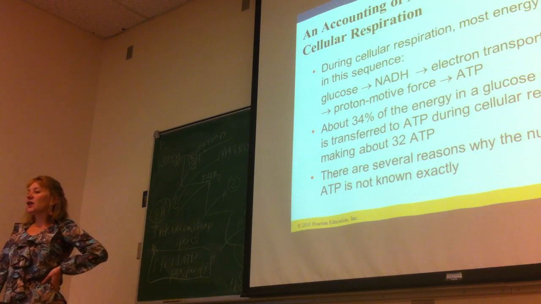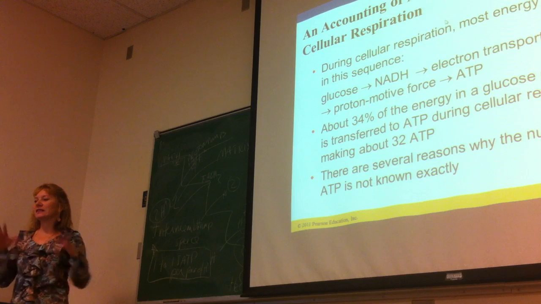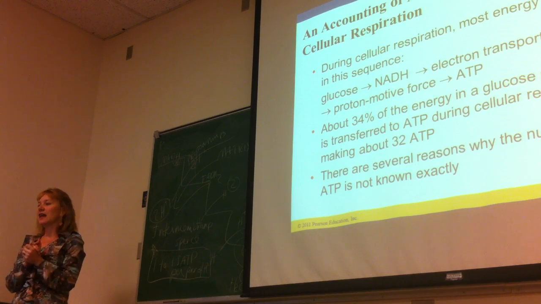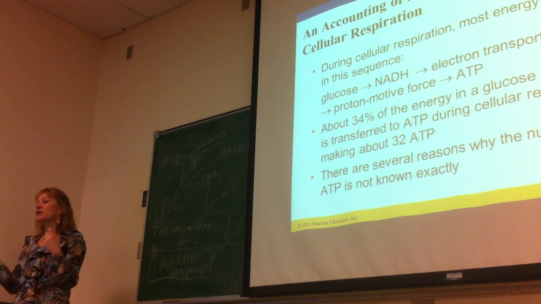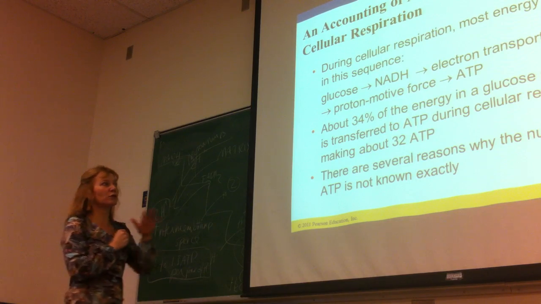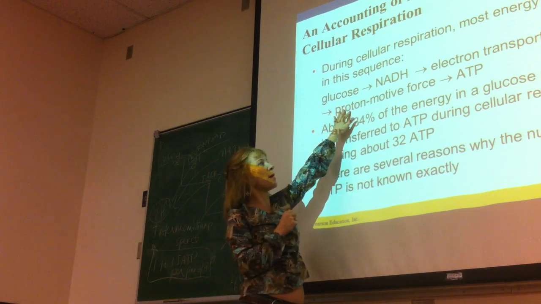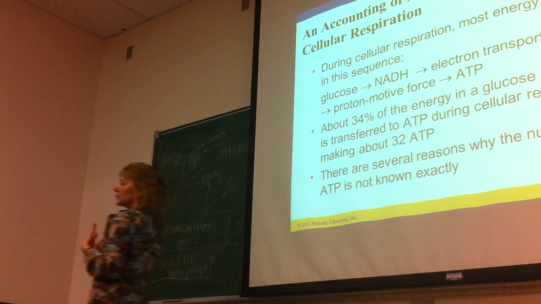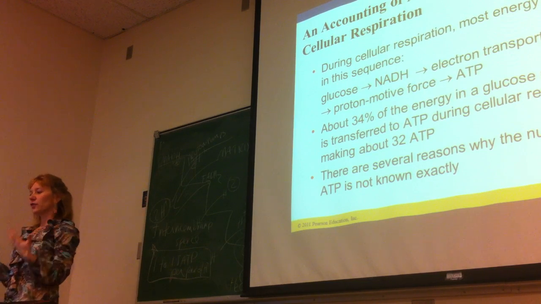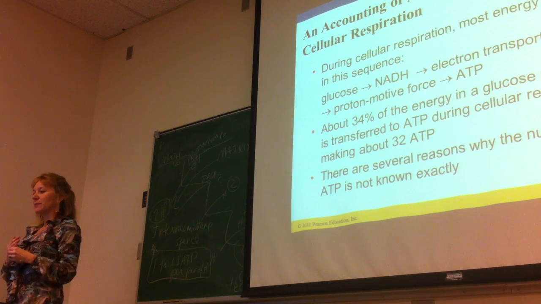So during cellular respiration, most energy flows in the sequence from glucose to NADH, going through the electron transport chain, and this drives proton motive force, those proton pumps, and then ultimately that proton motive force is used to drive the synthesis of ATP.